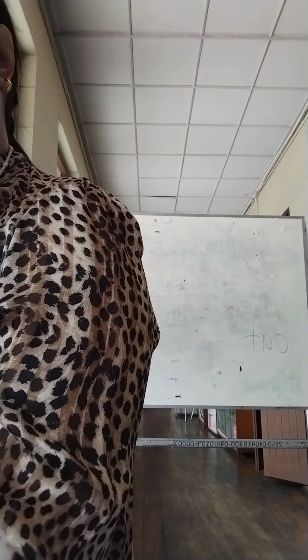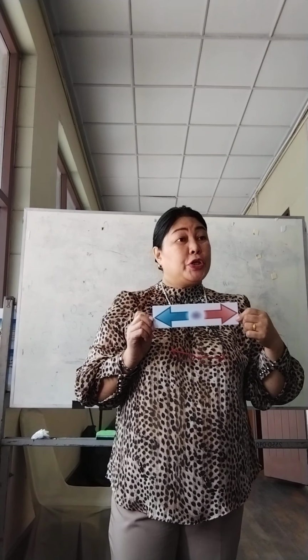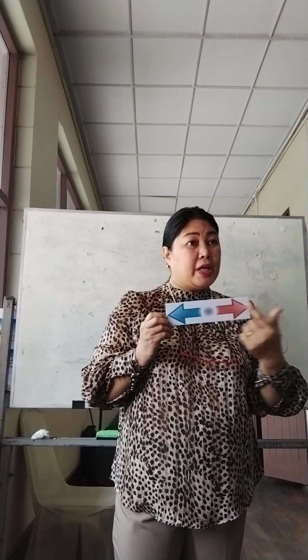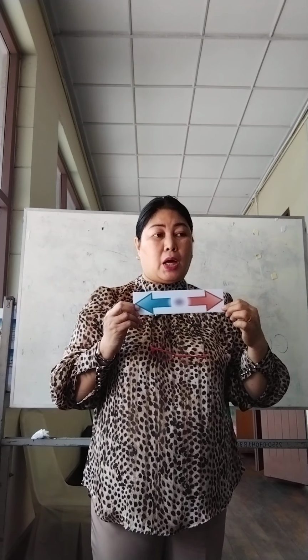That is our objective. We have 2 to 3 objectives. Then after, I have to introduce you to the arrow. Why does teacher show an arrow? Teacher shows you an arrow, the red and the blue, or any color. Okay? There's no problem about the color.